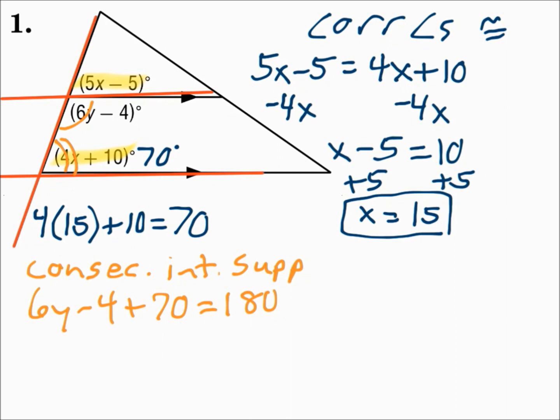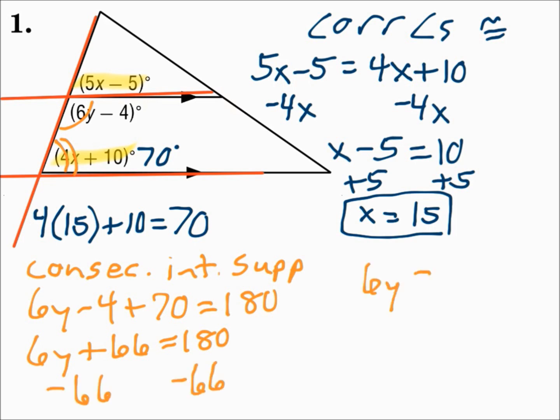Since they're consecutive interiors, those are supplementary, so their measures add up to equal 180. Let's solve this. Combine like terms. Negative 4 plus 70 is 66. Subtract 66 from both sides, and divide both sides by 6.